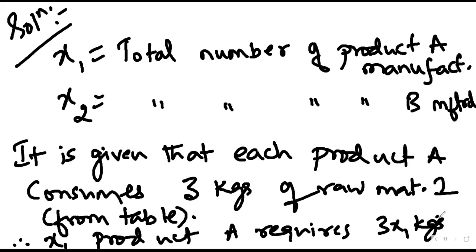Similarly, product B requires how many kgs of raw material 1? 4 kgs, that's right.